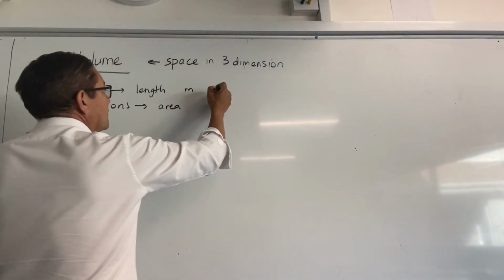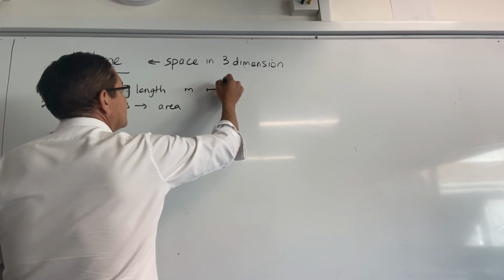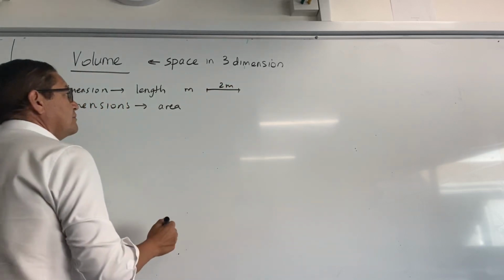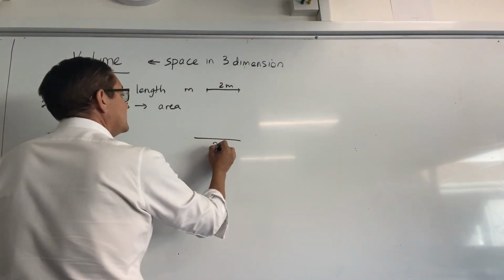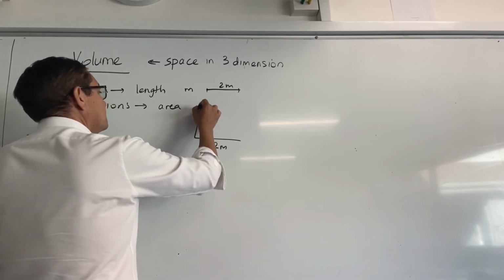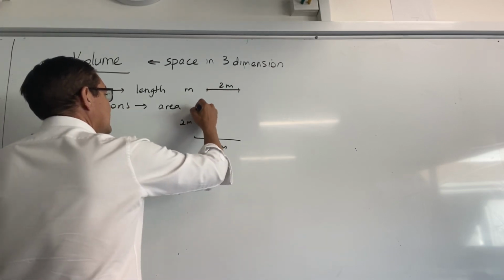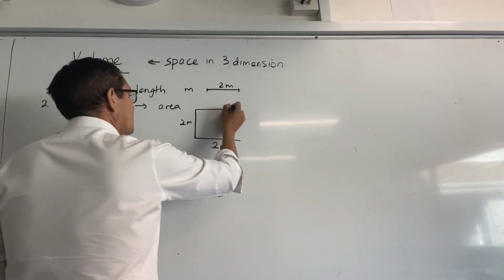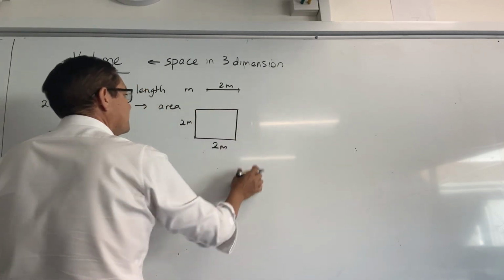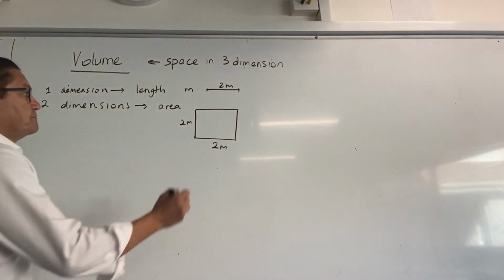Right? So I might have 2 meters. But if I have area now, I have 2 meters by 2 meters. So I have across and then up, and what that does is it creates a square. Easy.